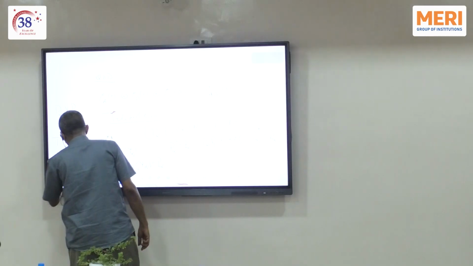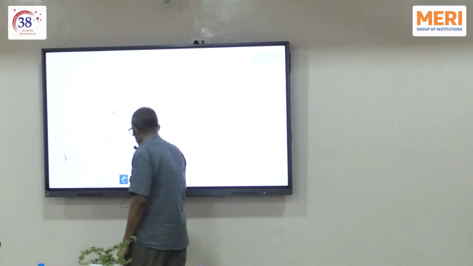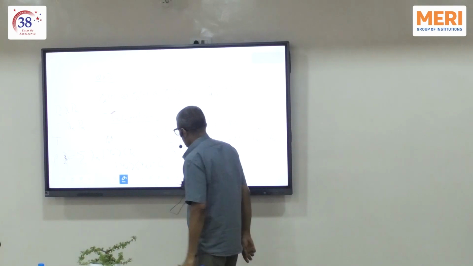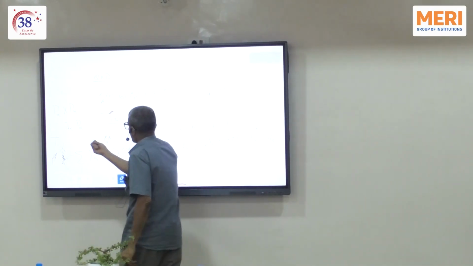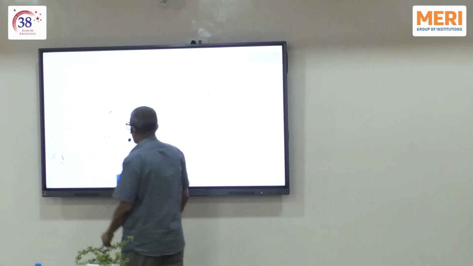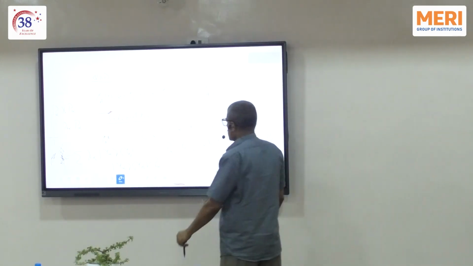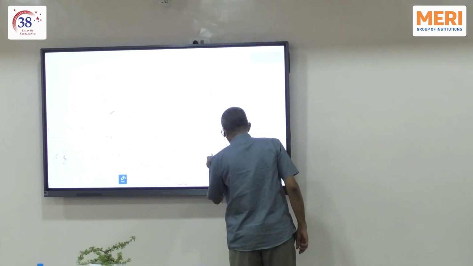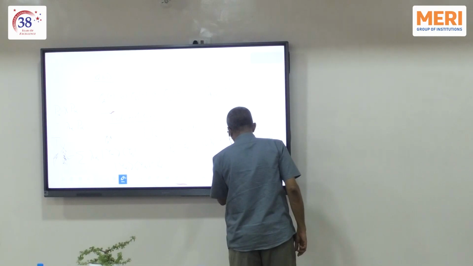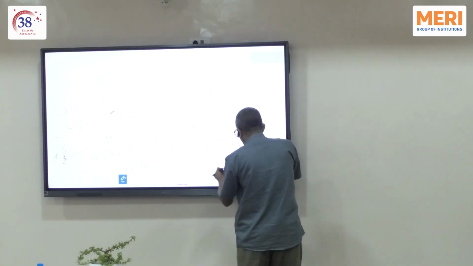Let's say rho is the state of the system, and x is the observable. You measure this, then what do you get? You get lambda alpha. And what is the probability of getting this? If rho is the state of the system and you measure P alpha, the state of the system collapses to this.